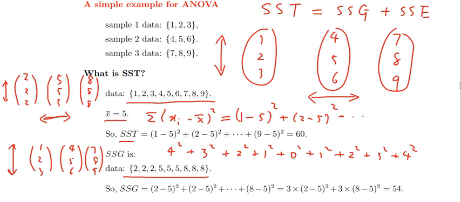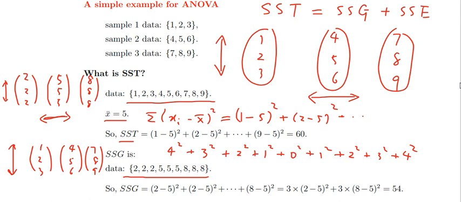If we have 3 numbers, then the degree of freedom is n minus 1, so it is 2. So if we compare k groups, the degree of freedom for SSG is k minus 1. With 3 groups, that is 3 minus 1, which is 2.